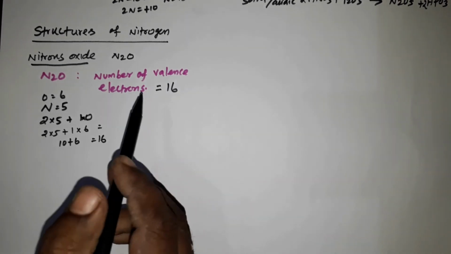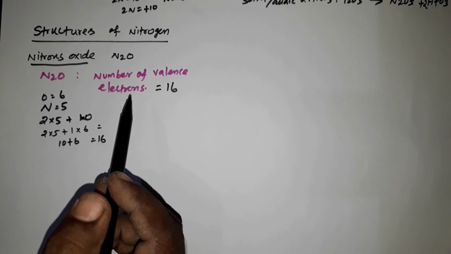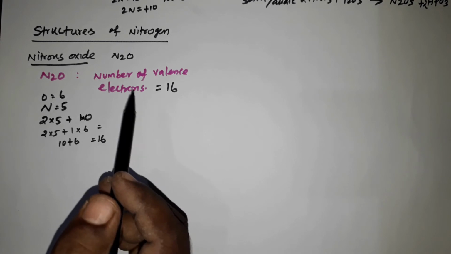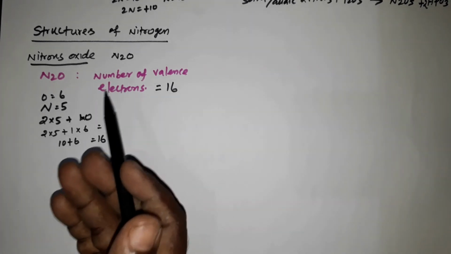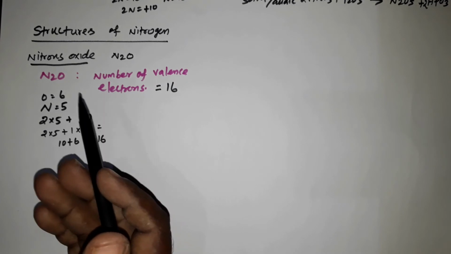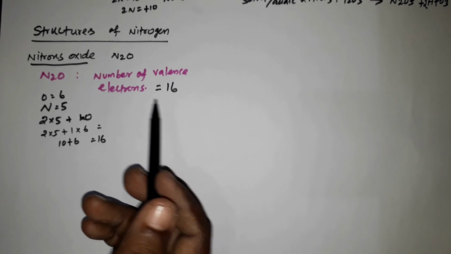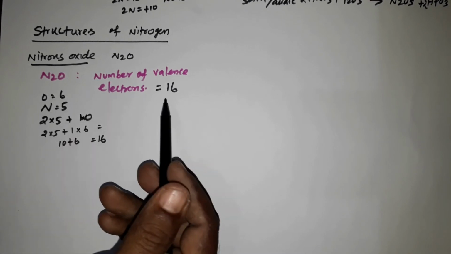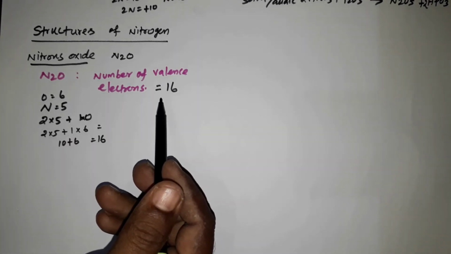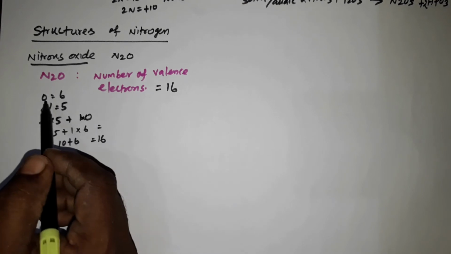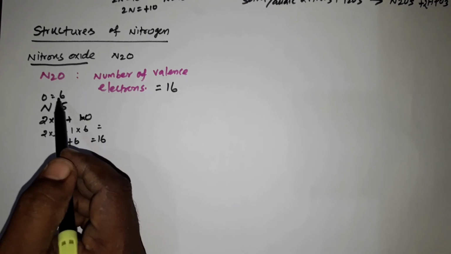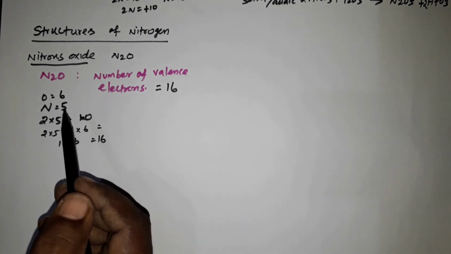Actually, the Lewis dot structure you already studied in class 11. Just take the class 11 second volume and refer to those structures. What are the rules? Okay. So nitrous oxide, the valence electrons are 16. How did the 16 come? Oxygen valence electron is 6, that is the outermost shell.